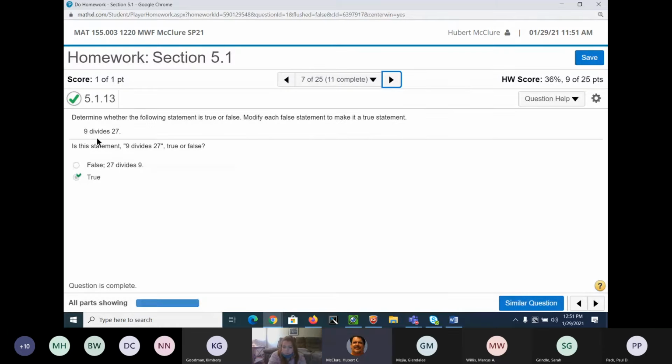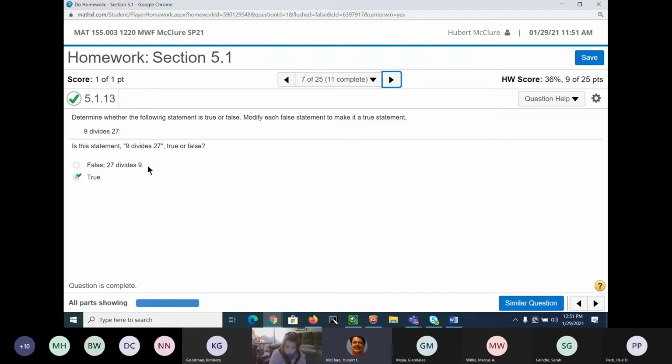Okay, now I don't like these questions at all, because these can be misleading and confusing. All right. Determine whether the following statement is true or false. 9 divides into 27. Now notice I inserted the word into.